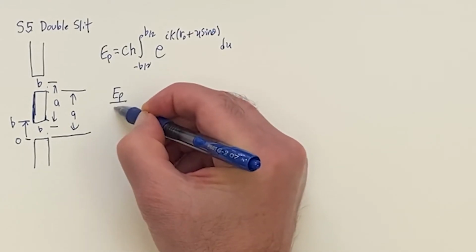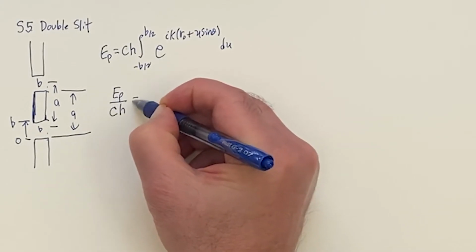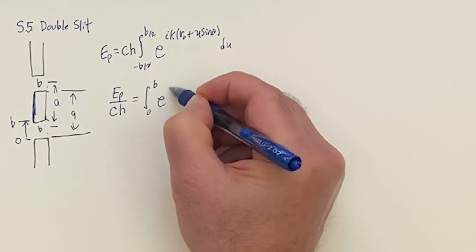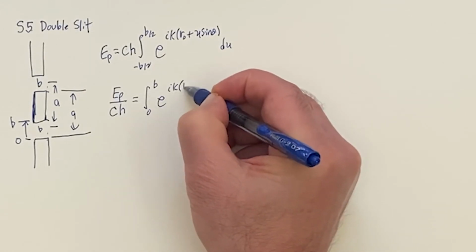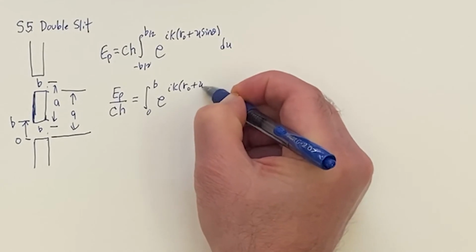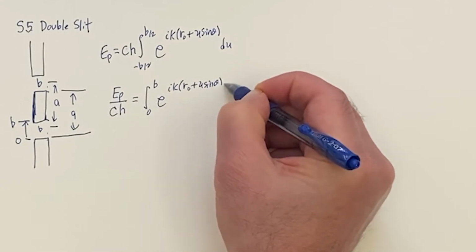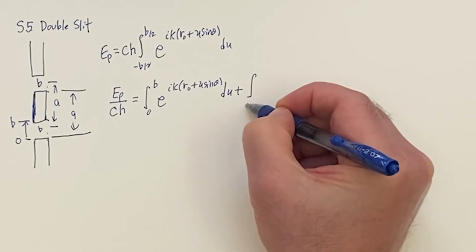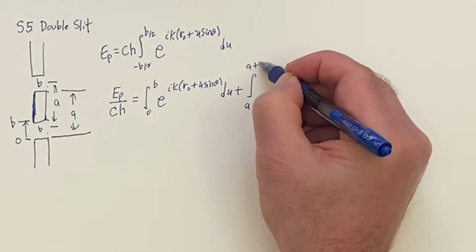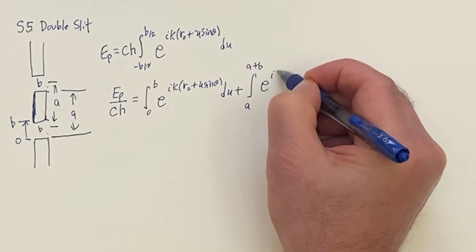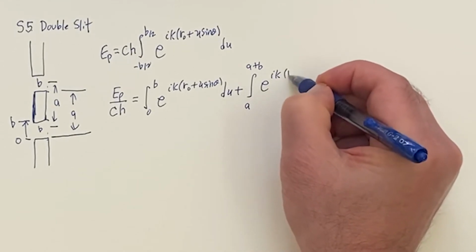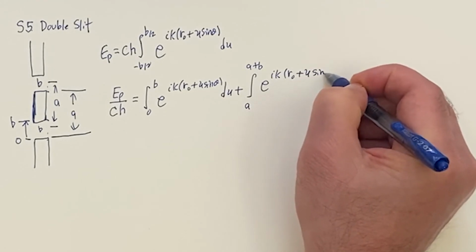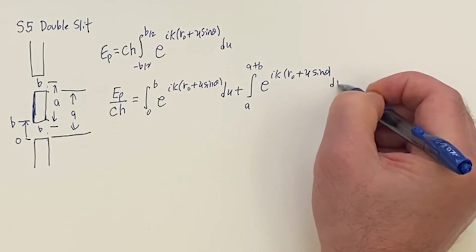Let's put this c and this h on the left side. And we integrate from 0 to b, e to the i k r naught plus u sine of theta du. And then we integrate from a to a plus b, e to the i k r naught plus u sine theta du.